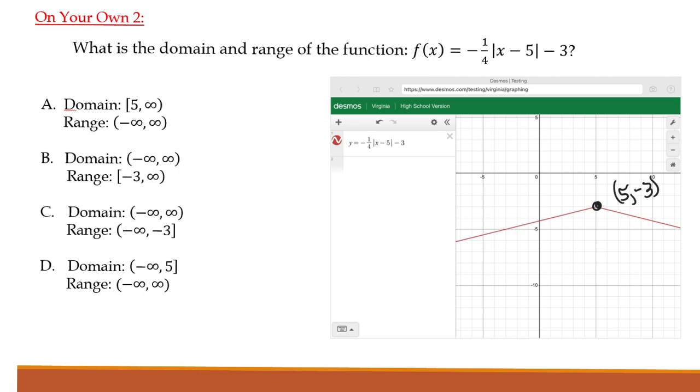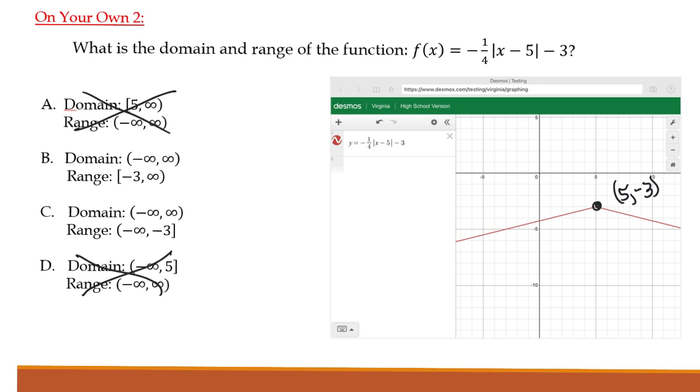Okay, my domain I know is always going to be -infinity to infinity. So I can kind of use process of elimination looking at my answers. The domain of A is not -infinity to infinity. B is, C is, and D is not. So my answer has to either be B or C.